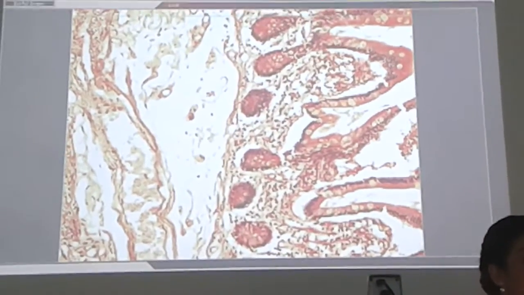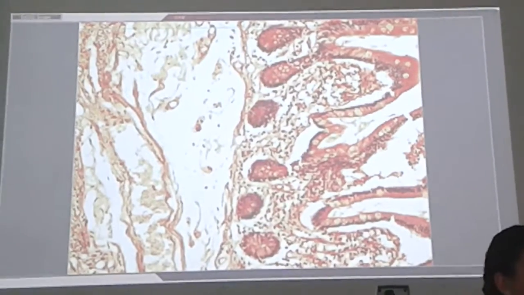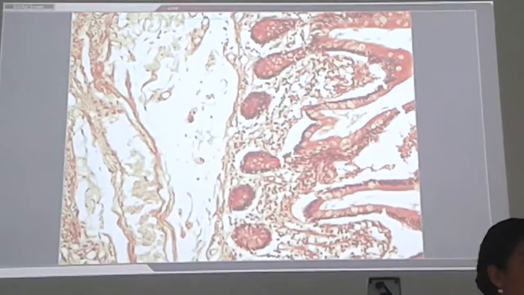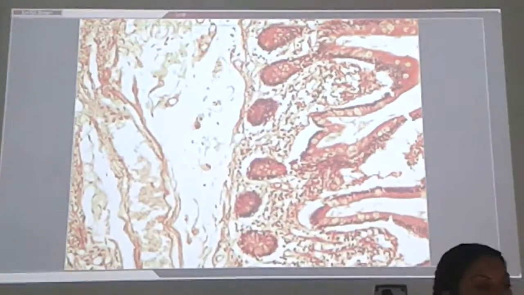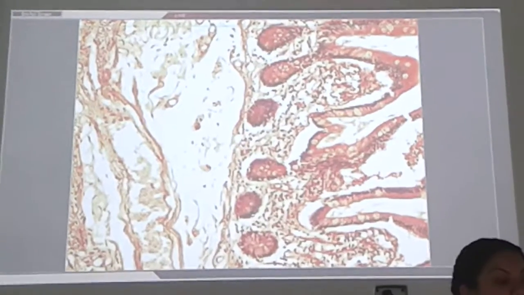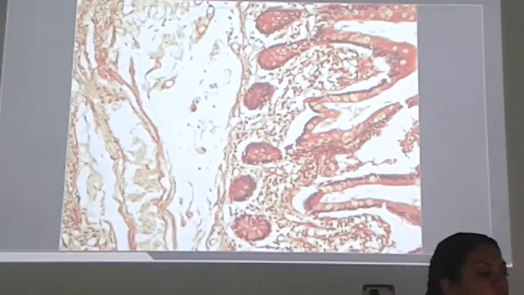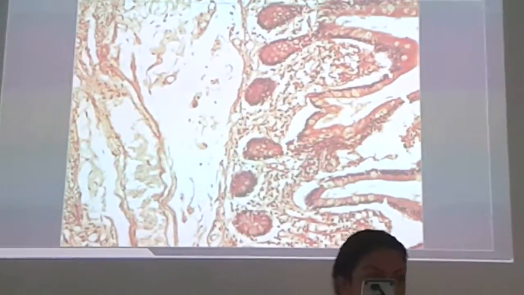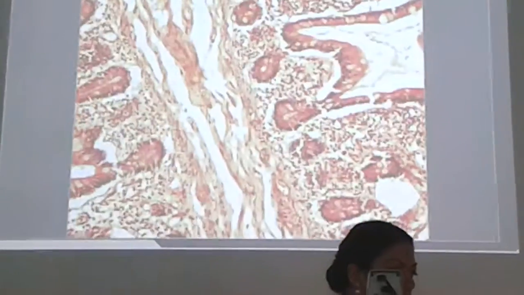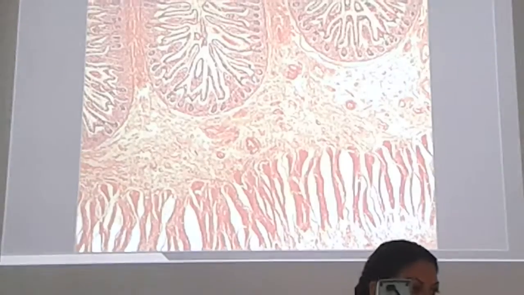These mucosal foldings are Lieberkühn crypts, and this is all lamina propria. Because this was mucosa, beneath the mucosa, what do we have? We have the muscularis mucosa. Okay, I'll go to the lowest magnification.